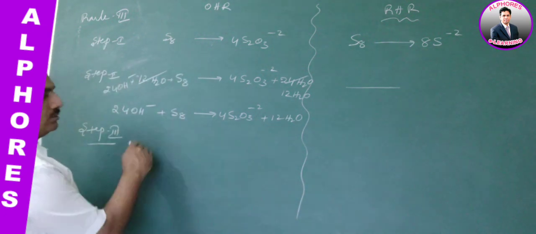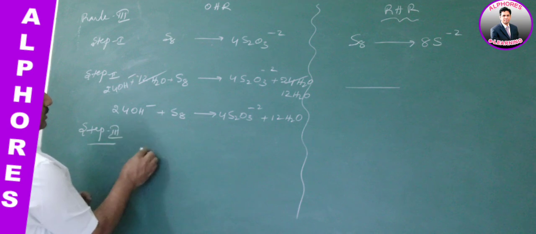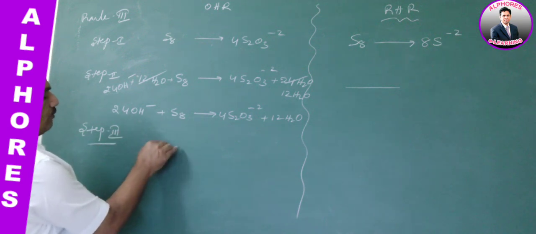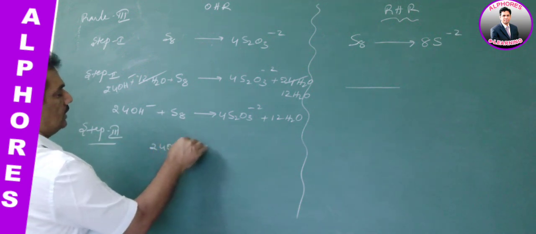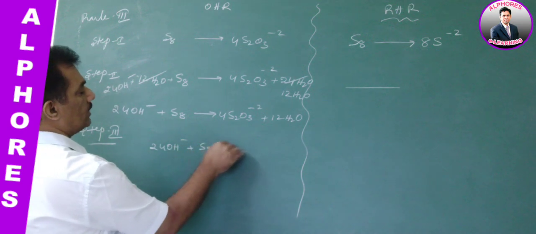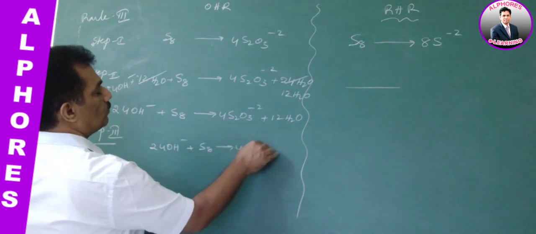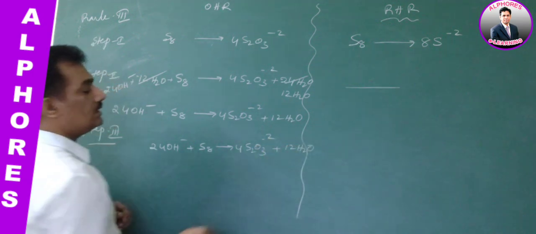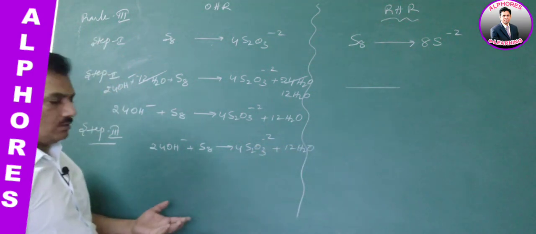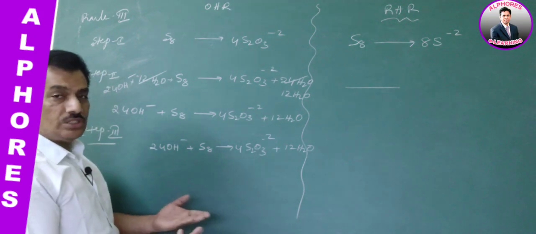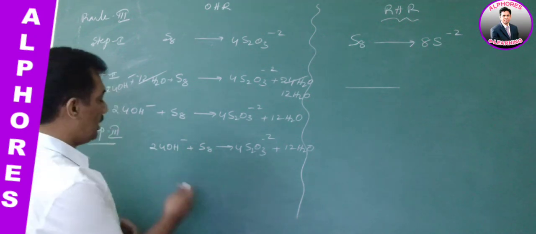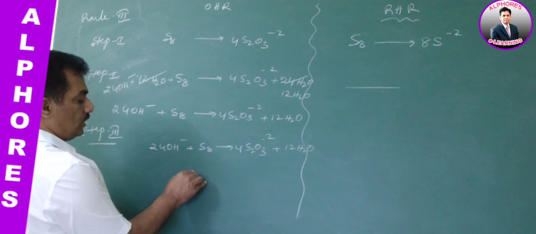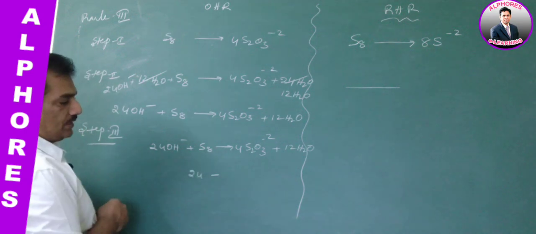Now let us apply this rule. Balance the charge by adding electrons. Let us write 24 OH minus plus S8 giving 4 S2O3 2 minus plus 12 H2. For easy observation of the net charge, I am writing like this. Here 24 minus charges are present.